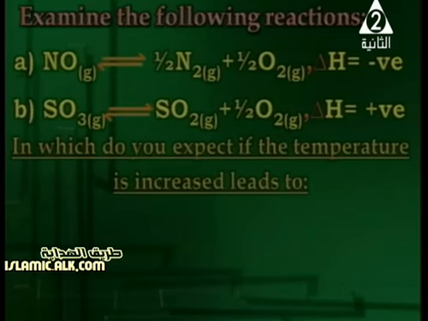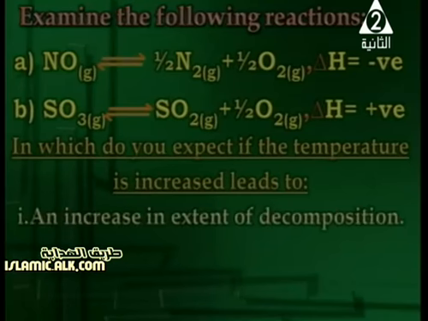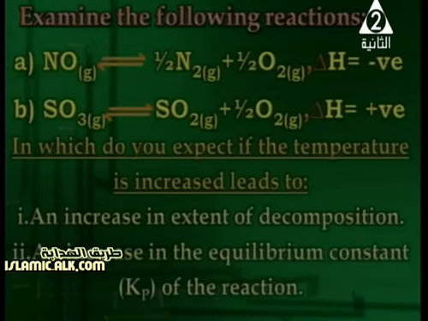In which do you expect, my dear student, that an increase in temperature leads to an increase in the extent of decomposition or the increase in the equilibrium constant Kc of the reaction? You have to look at the two equations and be careful that the first one is exothermic and the second one is endothermic. So here the temperature is increased, and here we find that.